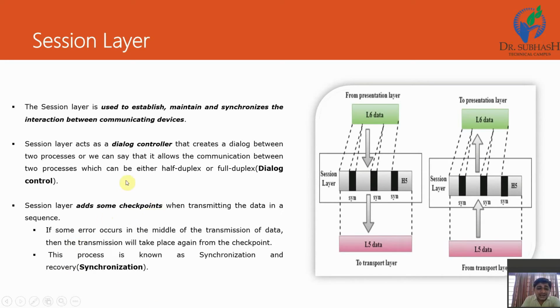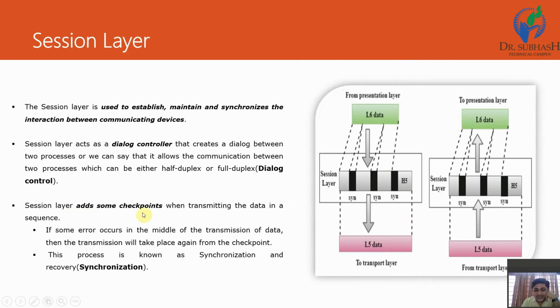Session layer acts as a dialog controller. Whenever host A passes data to B and B passes data to A, that is in a synchronized, sequential manner. So in the session layer it establishes the session.